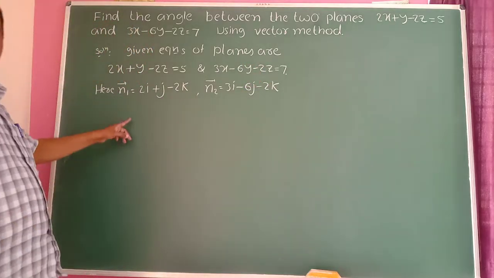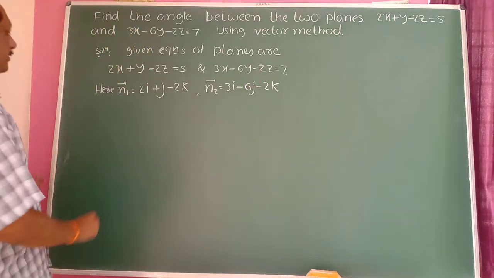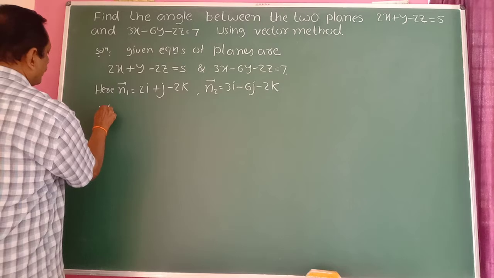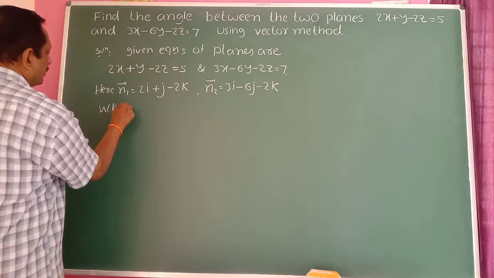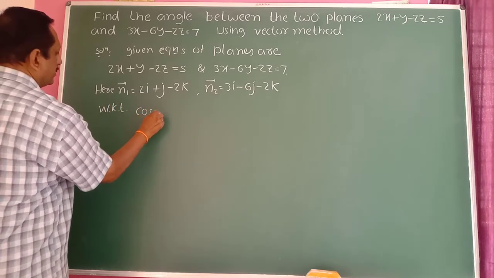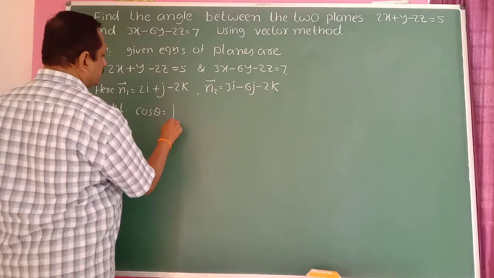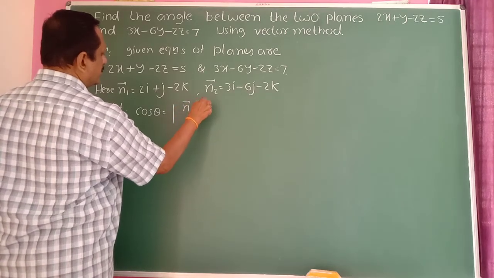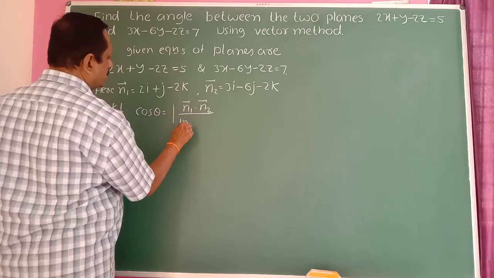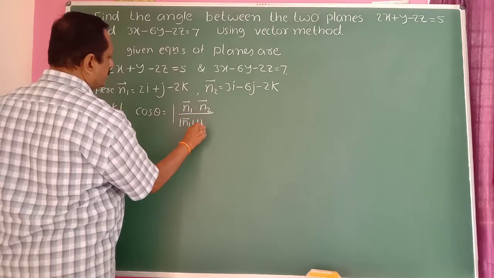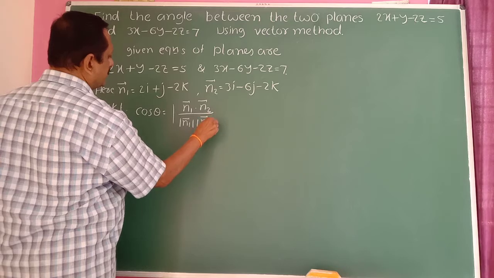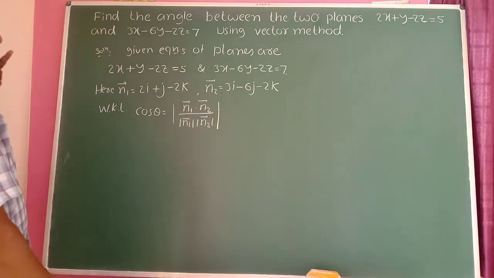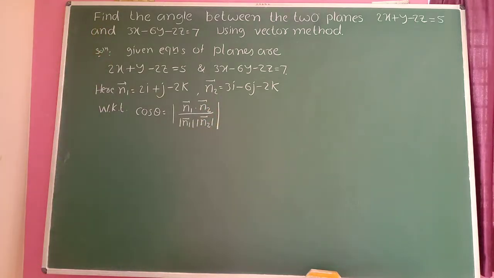These are the normals to the planes here. Therefore, we know that cos theta is equal to modulus of n1 bar dot n2 bar divided by modulus of n1 bar into modulus of n2 bar here. This gives the angle between the two planes here.